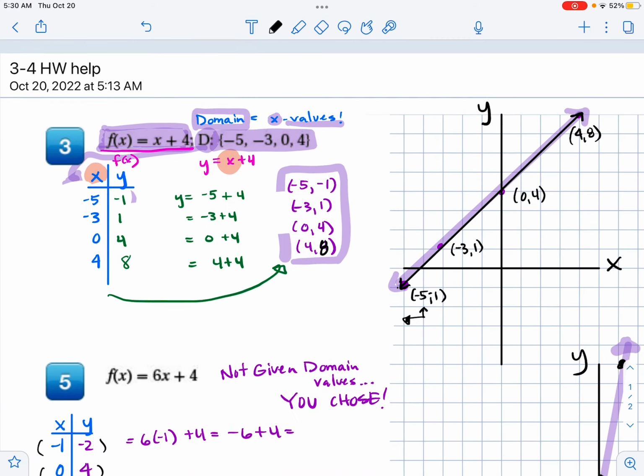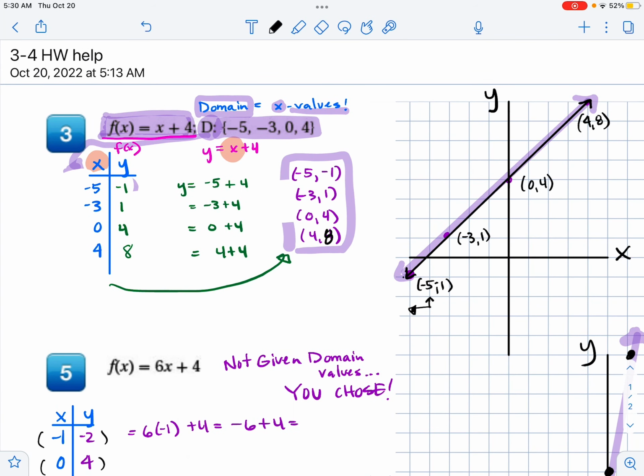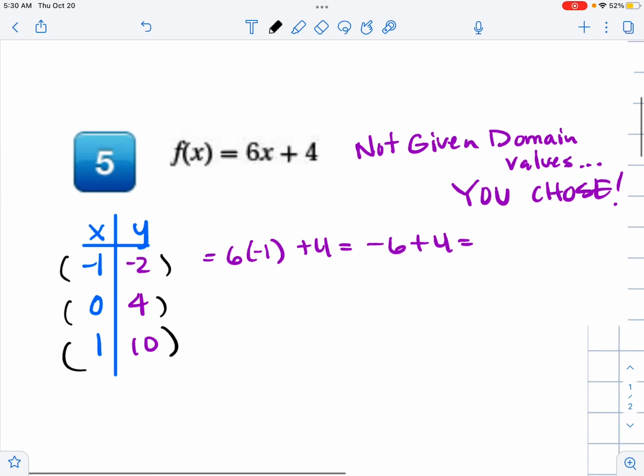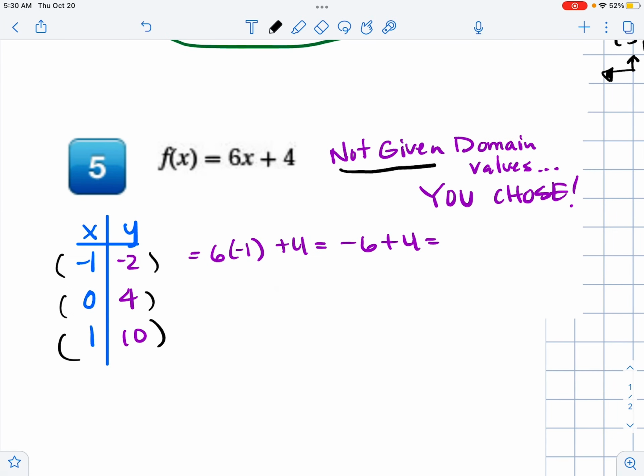This is when they give you a set of domain, right? This is when they give you their domain. But the second half of this, they don't give you a domain, they just give you the function. And when you're not given the domain values, you get to choose because it's a function.